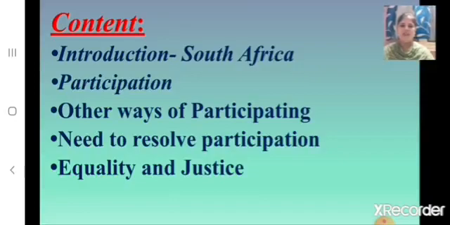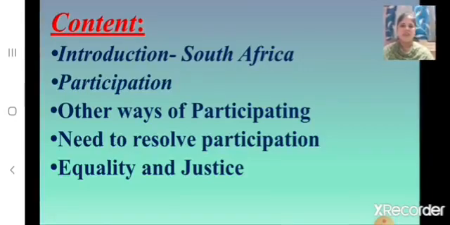And we shall learn about participation, that is participating in the democratic process of the country, and the other ways of participating and the need to resolve participation, and also about equality and justice.